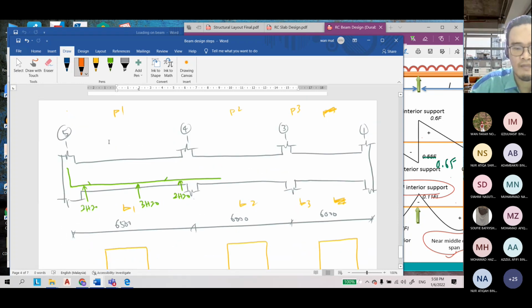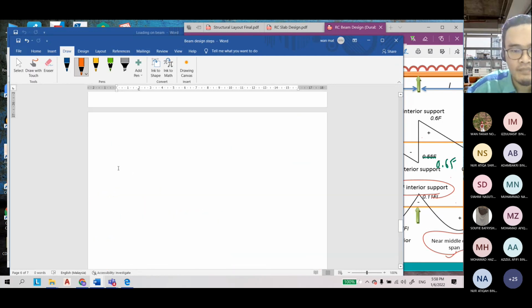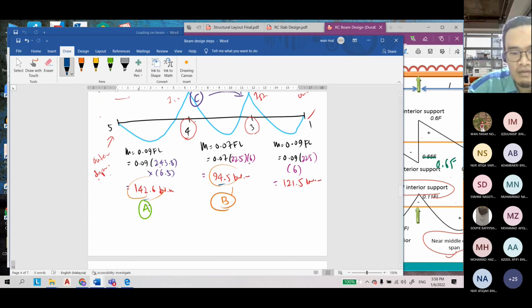It is possible, not wrong. So you just use 3H20 all the way to the end. But for economical design, you can reduce the steel. So span 5 to 4 is similar to 3 to 1. Because the bending moment here, 1 to 1.5 and 1 to 2 is not much different.